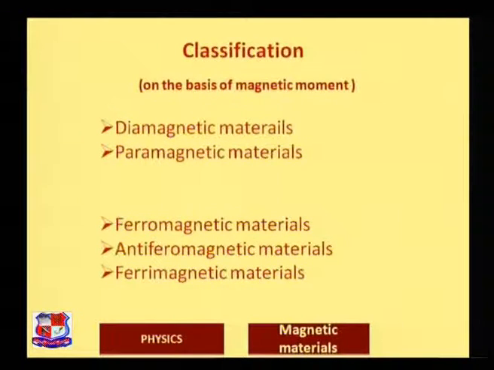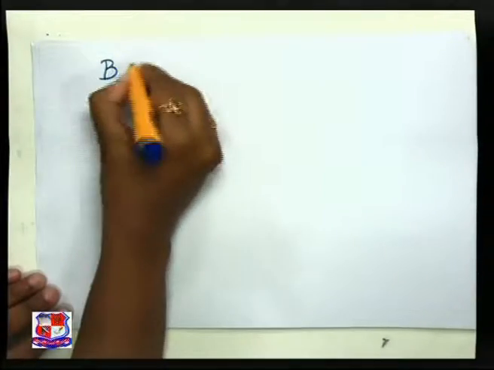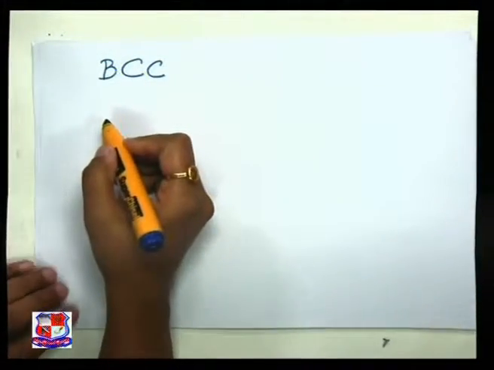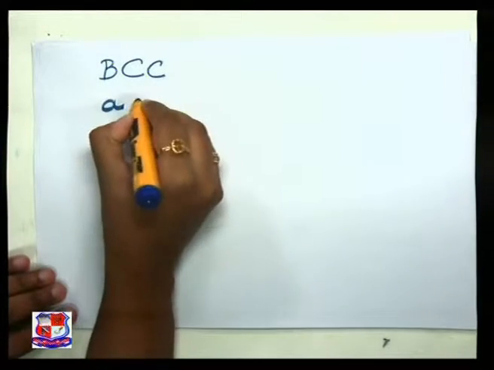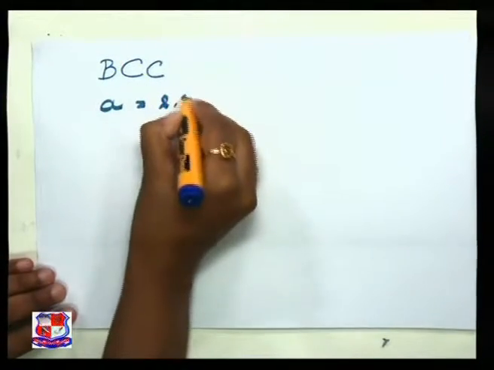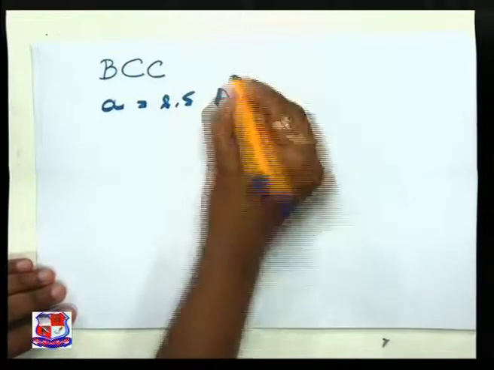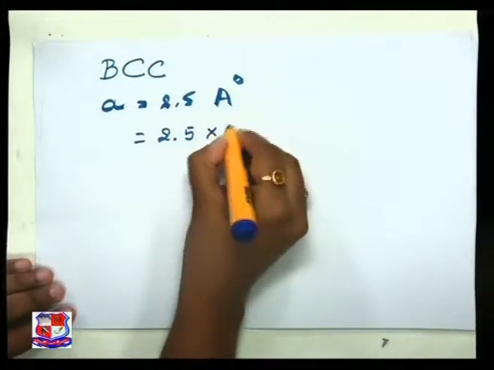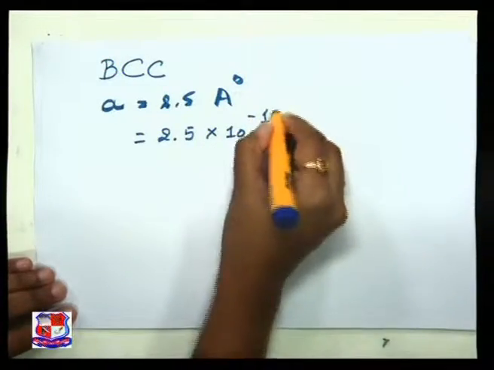We can go for another example, again a paramagnetic material. It has a BCC structure with a cubic edge a equal to 2.5 angstrom. What do we mean by angstrom? It is 2.5 into 10 raised to minus 10 meter.